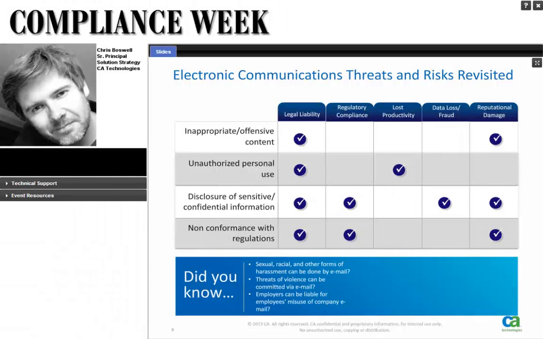We don't really think about this very often as compliance directors or risk management directors. Usually these are more HR issues, but sexual, racial, and other forms of harassment can be perpetrated by email. Threats of violence between coworkers can be perpetrated via email, and in some cases, employers could be liable for employee misuse of company email.